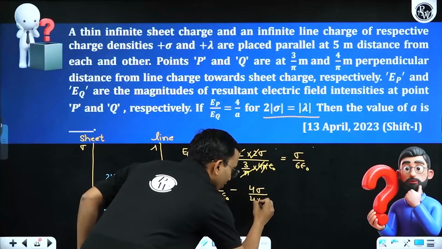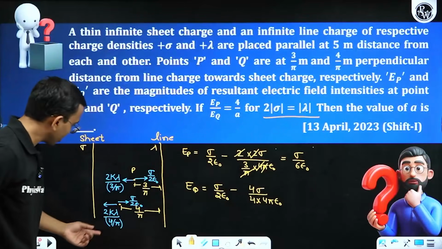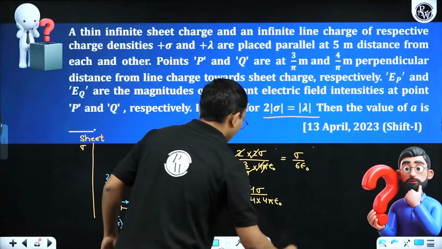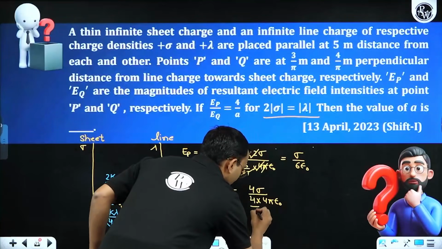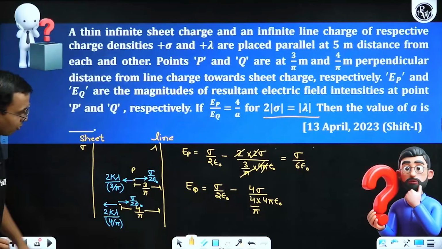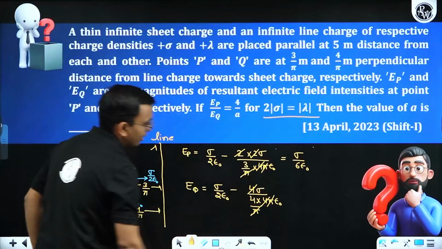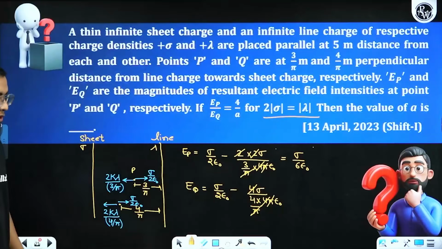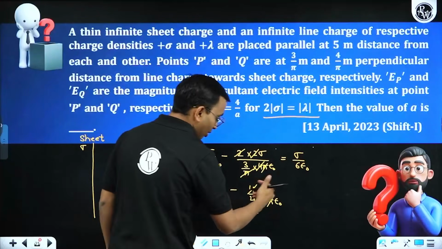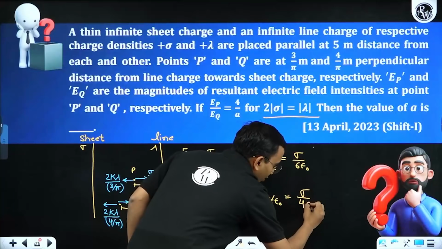So 4 into 4 pi epsilon naught by pi. Yeah, this is right. 4 by pi, k as 1 by 4 pi epsilon naught. This pi is getting cancelled. This 4 is getting cancelled. Sigma by 2 epsilon naught minus sigma by 4 epsilon naught, that becomes sigma by 4 epsilon naught.